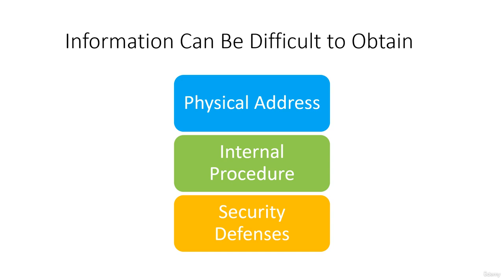Certain internal procedures can also be difficult to gather from the cloud provider, and they often don't want to disclose the information for a variety of reasons. Sometimes there is a competitive advantage in their particular processes. Other times they feel that they put some of their defenses at risk if others are able to discover how these procedures work. In fact, that's often the reason for not wanting to disclose certain security defenses.